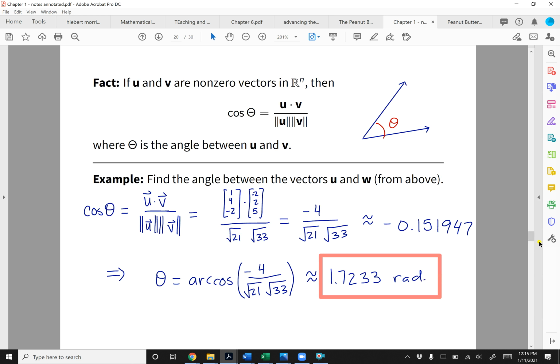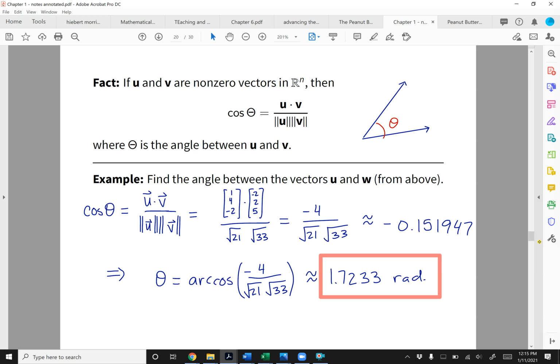Okay, now we're getting into things that are a little bit more technical. I spent quite a bit of time in the peanut butter book building up to this. This is one of the key uses of the dot product in this vector calculus, this vector mathematics: being able to use it to find angles.